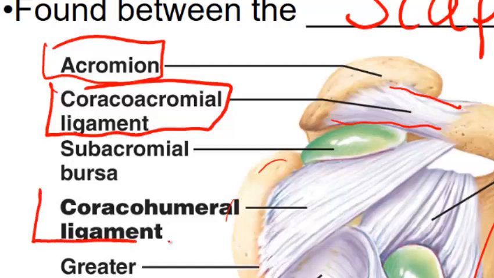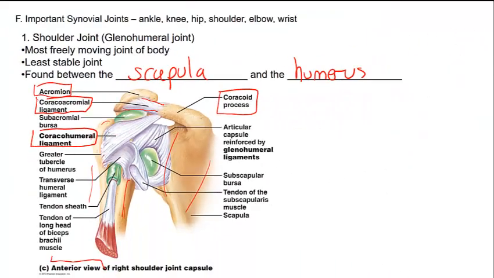Here's another one, the coracohumeral ligament. It is attached to the coracoid process on one end and the greater tubercle of the humerus on the other end. So this is one of the reasons it's very important to learn the bone markings, because this is where ligaments, tendons, and muscles attach.